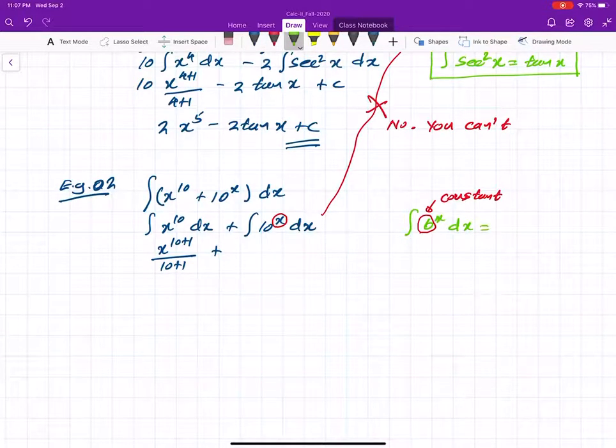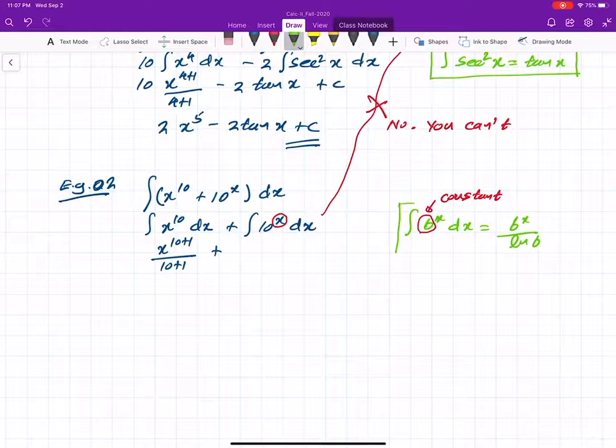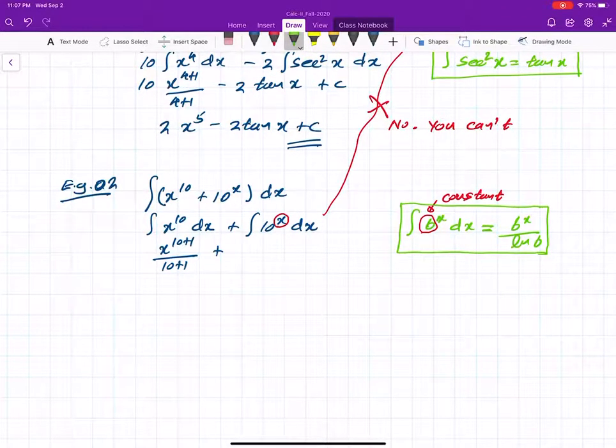The integration of that one should be b to the power x over ln b. Keep this formula in mind. This is also required for your exams. If you don't know this formula, make sure you can remember this. If you have the integration of b to the power x dx, the solution for that is b to the power x over ln b.